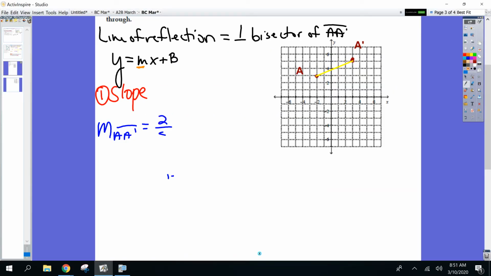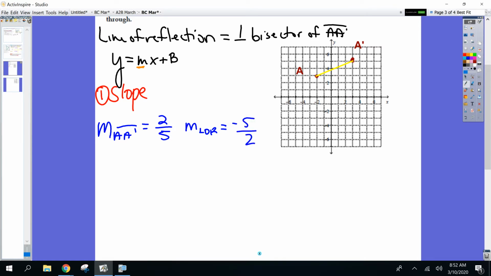Yep. So that must have meant my slope, I'm just going to abbreviate it LOR for line of reflection, had to be what else? -5/2. So there you go.